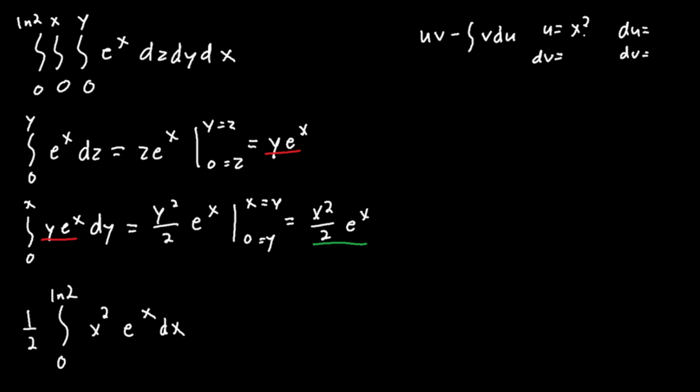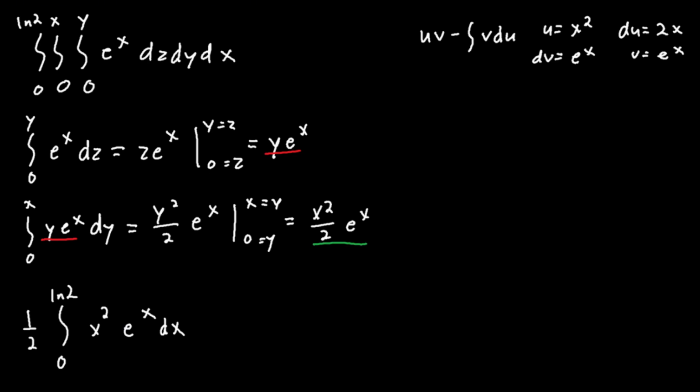I'm picking u as x squared because it's easier to differentiate. For dv you need to find v, which means we need to integrate that function. So I'll pick e to the power of x for dv because it's easier to integrate, since the integral of e to the power of x is just itself.